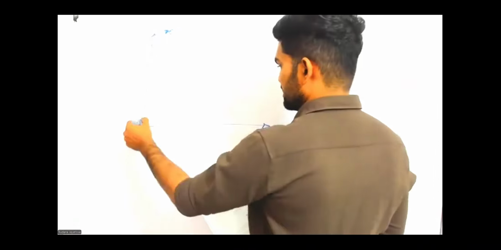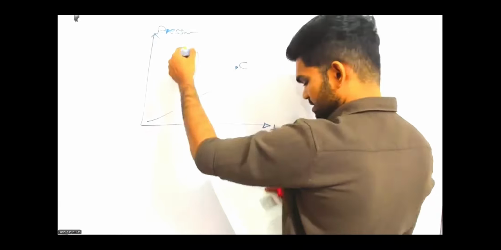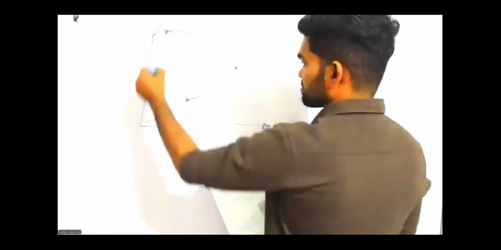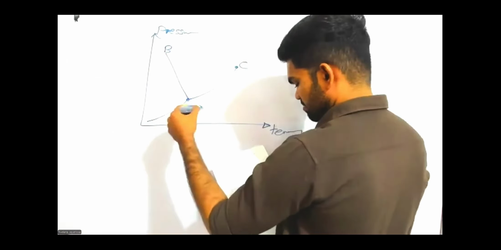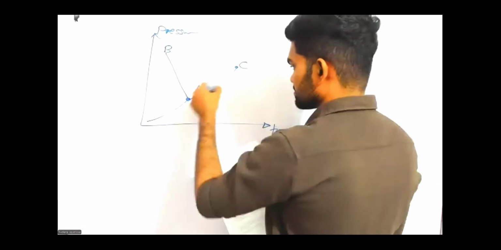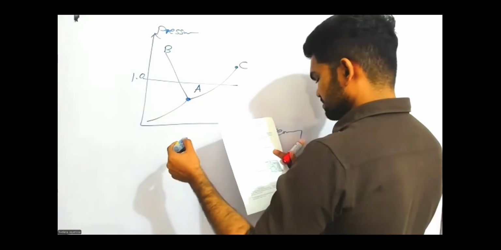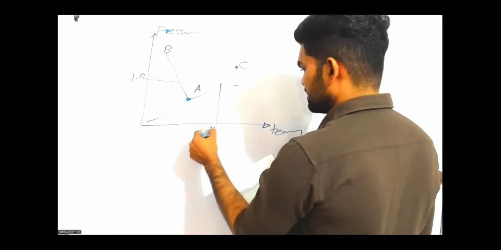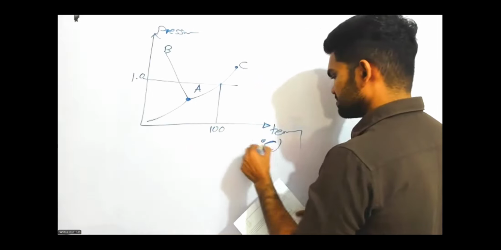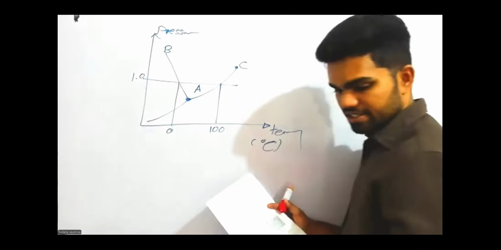Here this is C, the critical point, and B is some random point that they have marked. 1.0 atm, and it is boiling at 100 Celsius, and zero Celsius.